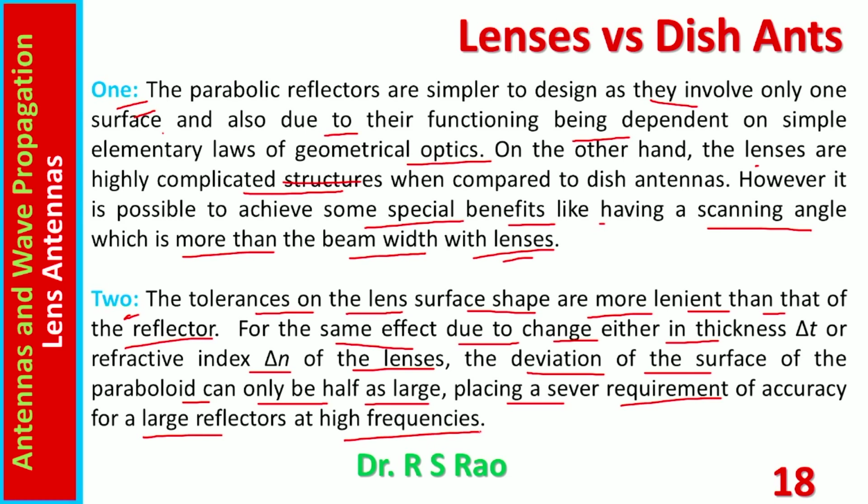It implies deviations in thickness, deviations in refractive index, deviations in irregularities of the surface are more tolerable. In general, deviations are more tolerable in case of lenses than in the case of reflectors.